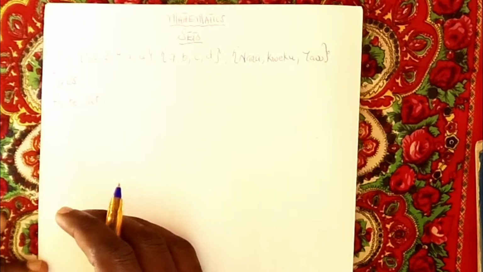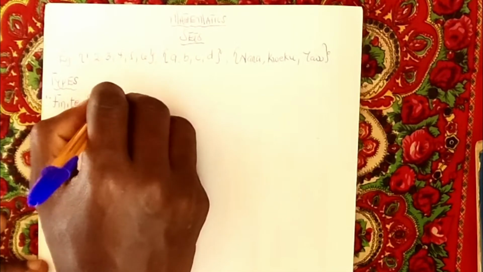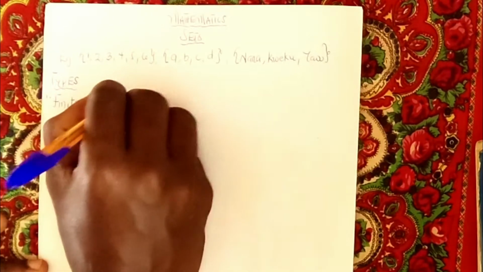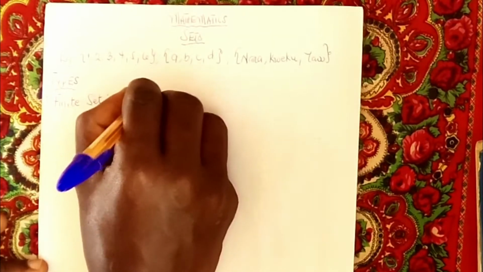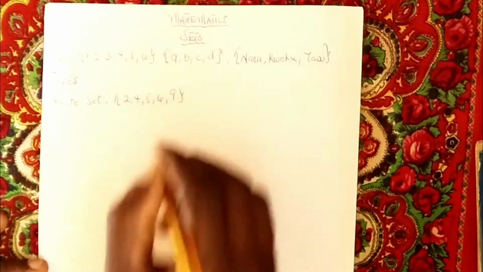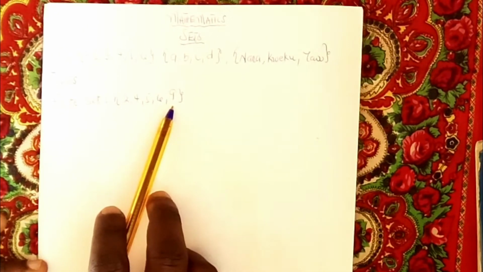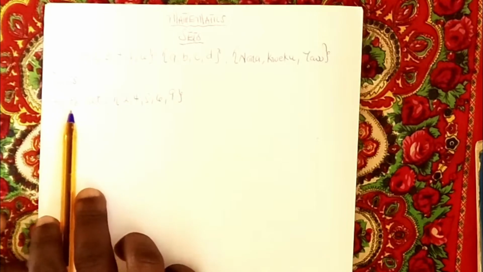And an example of it is a set of numbers. We have 2, 4, 5, 6, and 9. Since the last number or element, that's 9, is being known, this makes this set a finite set.